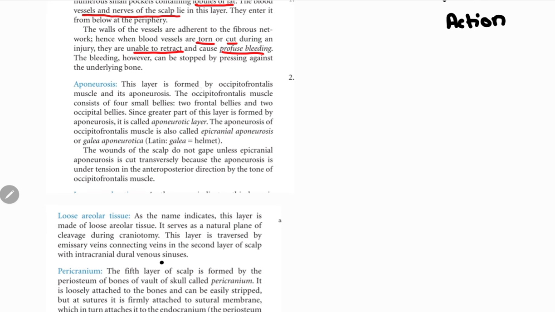Next, aponeurosis. This layer is formed by the occipitofrontalis muscle and its aponeurosis. The occipitofrontalis muscle consists of 4 small bellies, 2 frontal and 2 occipital. Since the greater part of this layer is formed by aponeurosis, it is called the aponeurotic layer. The aponeurosis of occipitofrontalis is also called epicranial aponeurosis or galea aponeurotica.